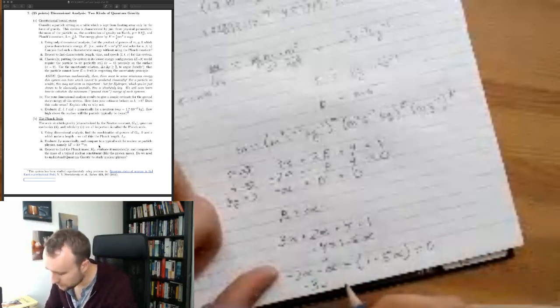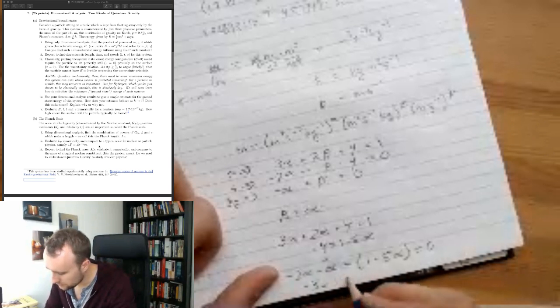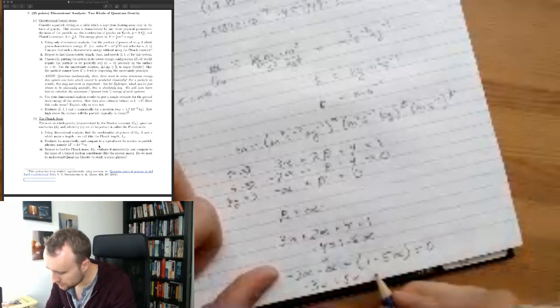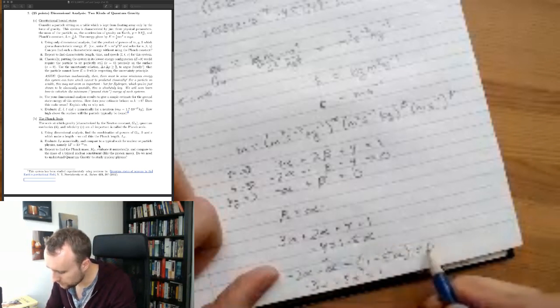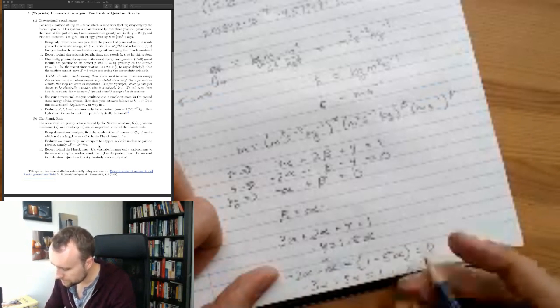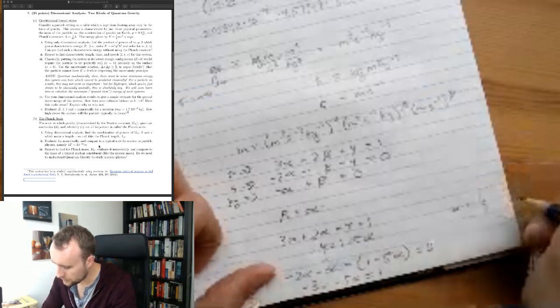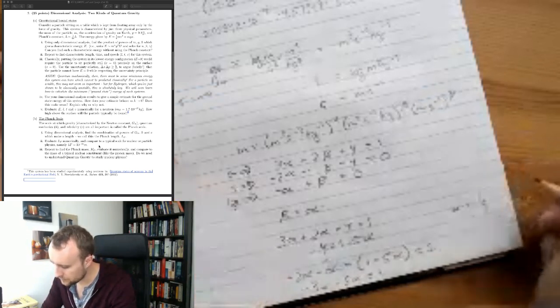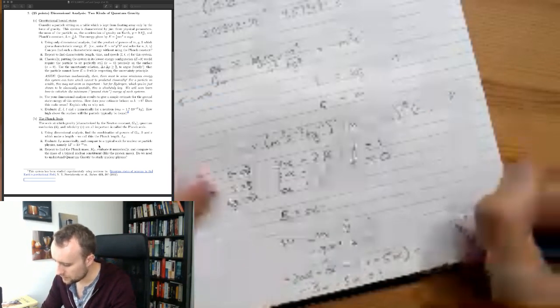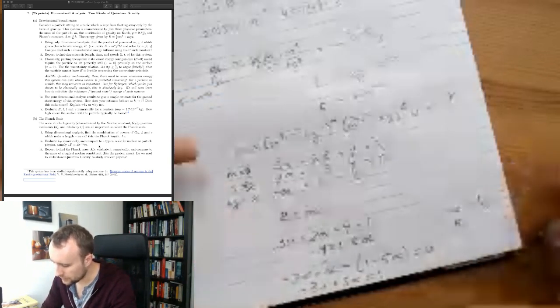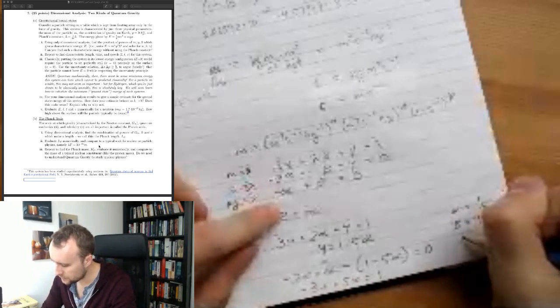Minus 3 alpha... 5 alpha equals 1 over... 1/2. All right. Beta is equal to, if alpha is 1/2, beta is also 1/2.